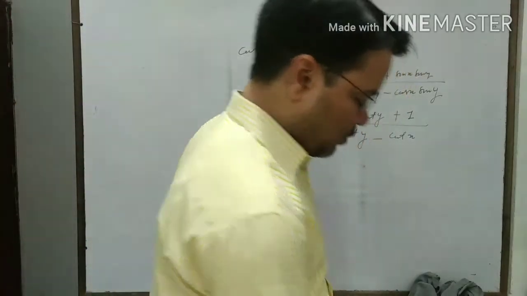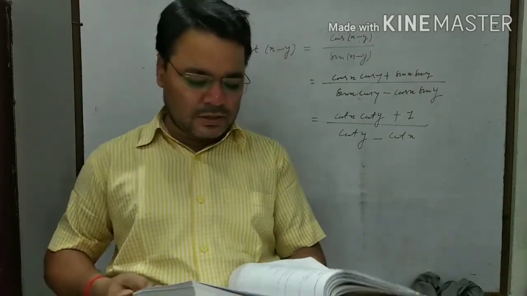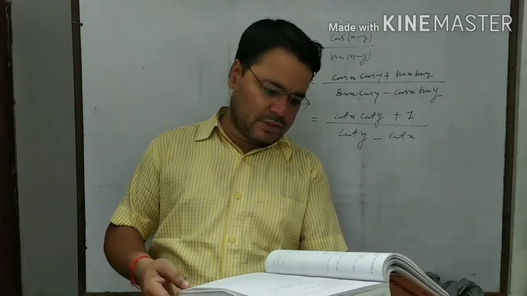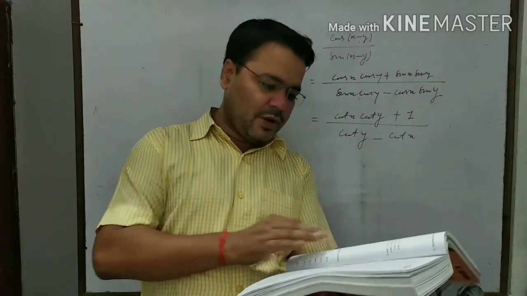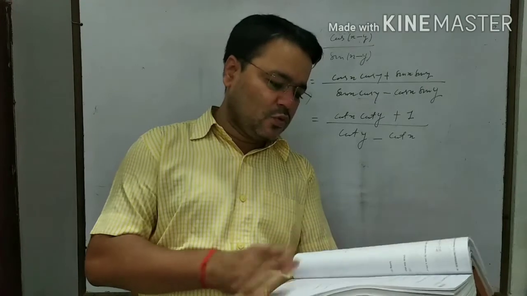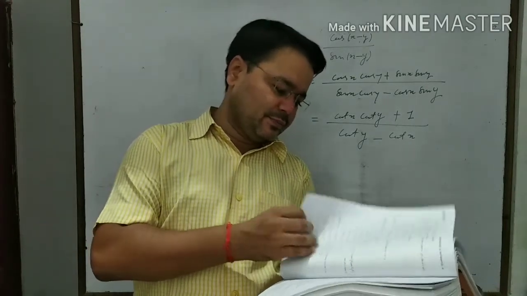There are some more formulas given to verify. They are important also, but you should go through them and try to find their verification also, and then start some more questions of exercise 3.5.